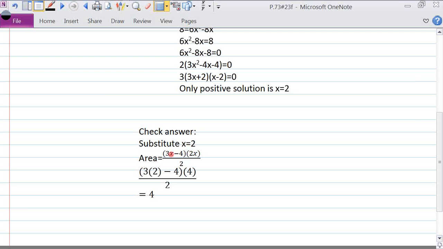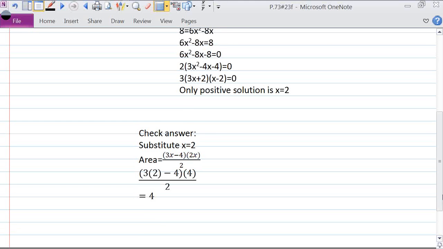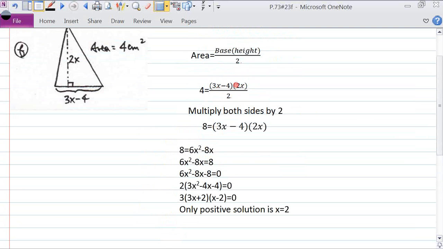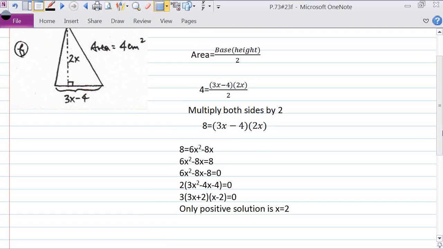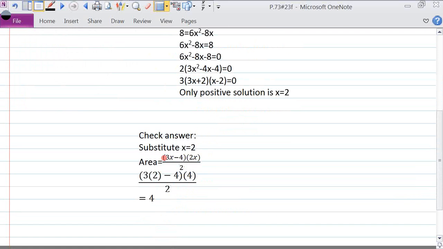If I take the area equals 3x minus 4 over 2 times 2x, which is the original equation right here, and I substitute x equal 2 in here, 3 times 2 is right here, minus 4 is right here, and 2x, where x is 2, is 4. So this becomes 6 minus 4, which is 2.